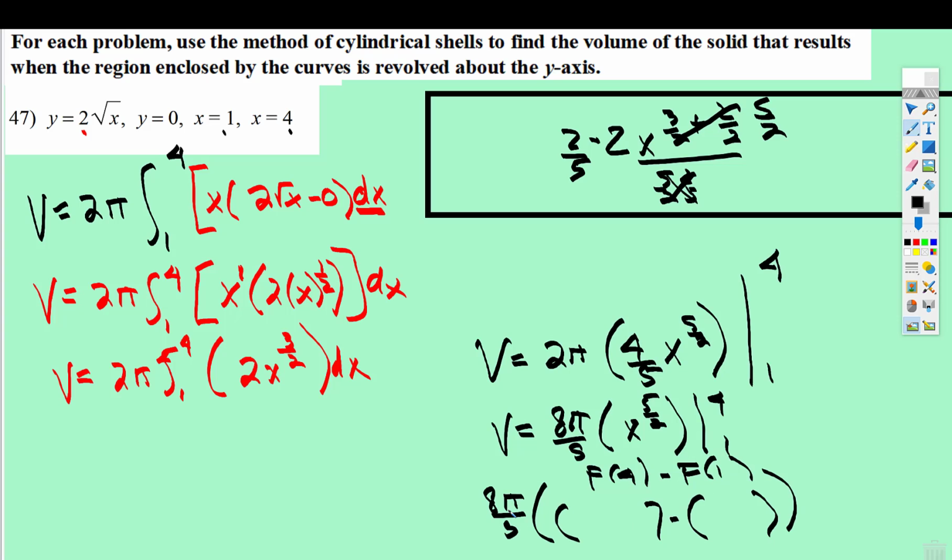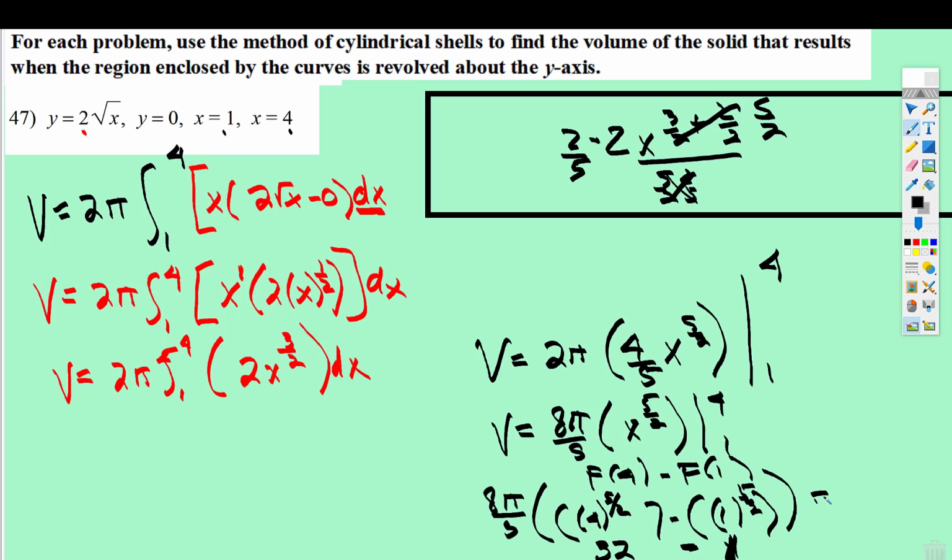And notice when the constants are pulled out, this makes it easy. This is 4 to the 5/2, you take the square root of 4 to the 5th. Here's an easier way to do this. The 2 is the root. The square root of 4 is 2. 2 to the 5th is 32. And then we're going to put a 1 in there. Well, 1 to any power is going to be 1. So 32 subtract 1 is 31.